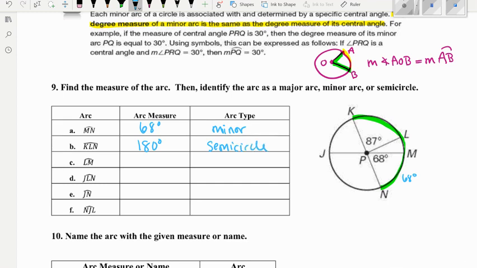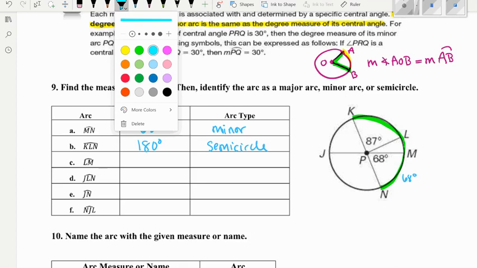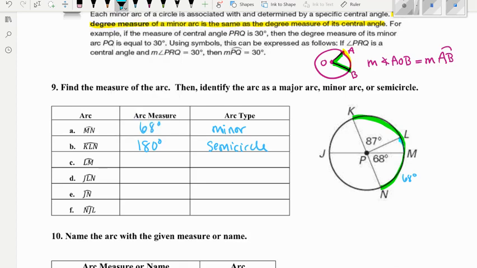And then we want to look at the next one, which is arc LM, which is this arc right here. So if we know that this entire arc is 180 degrees, this intercepted arc right here, this is a central angle, so that's 87 degrees, which means this is 87 degrees. And we know that this arc MN is 68 degrees, and we're solving for x, so we would add those together.